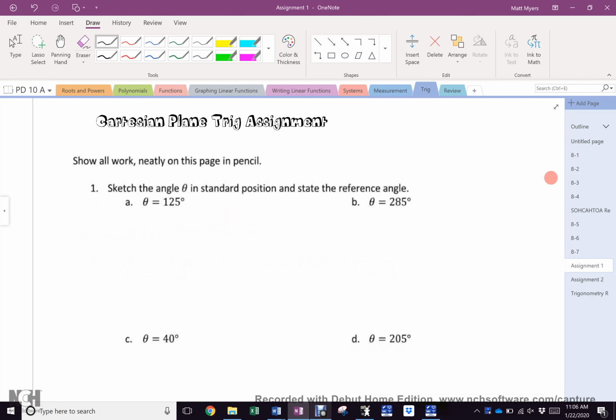Here is a big video with all of those pages done, and we will go through it. There's the 125. The reference angle is 55. There's 285.